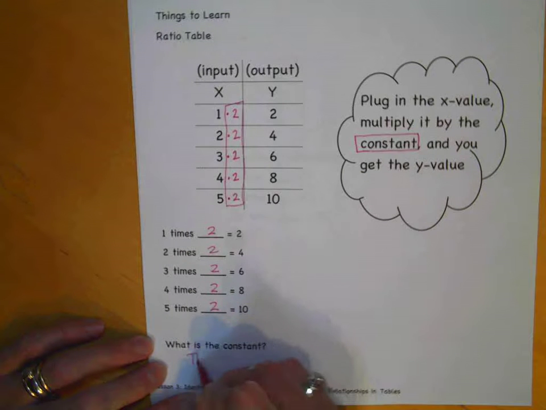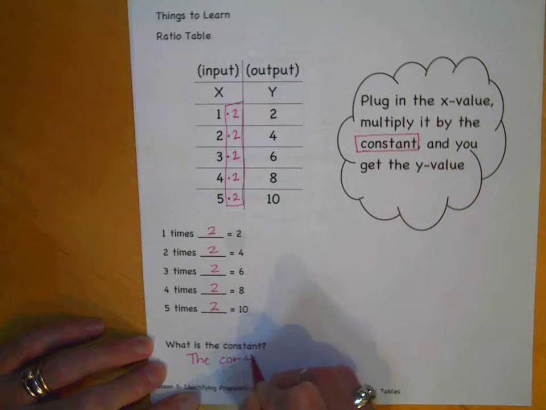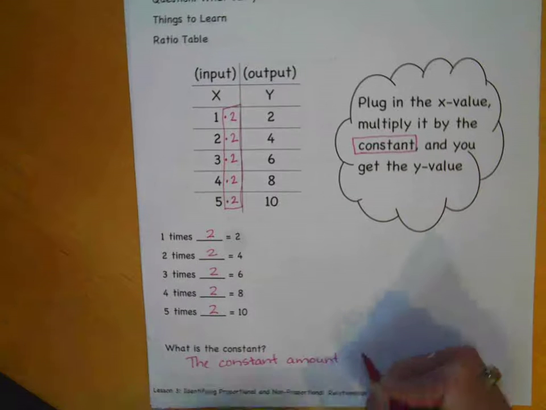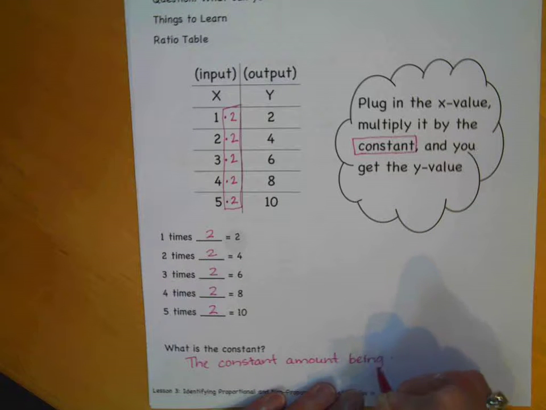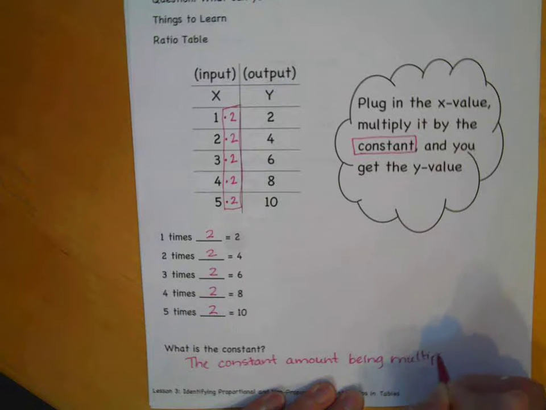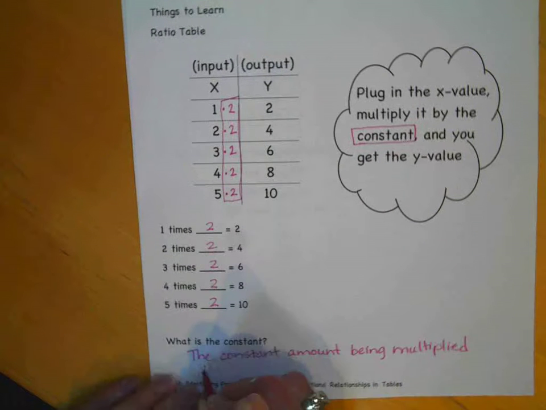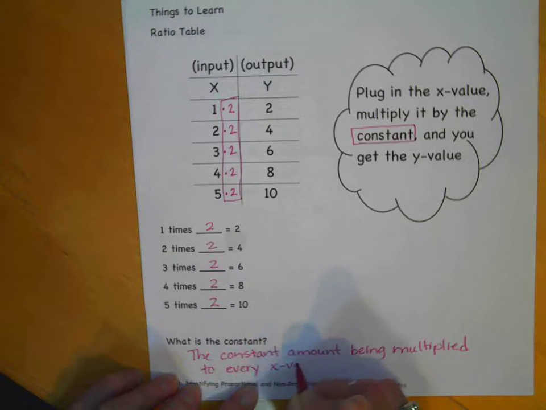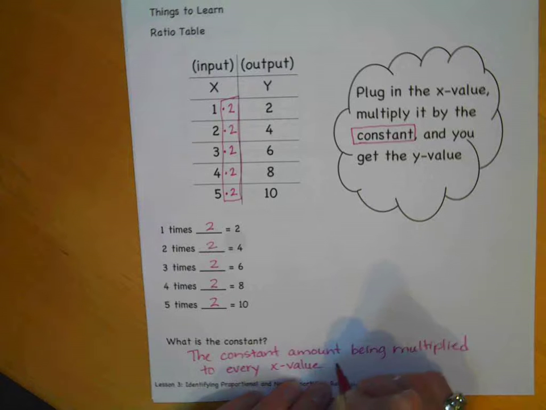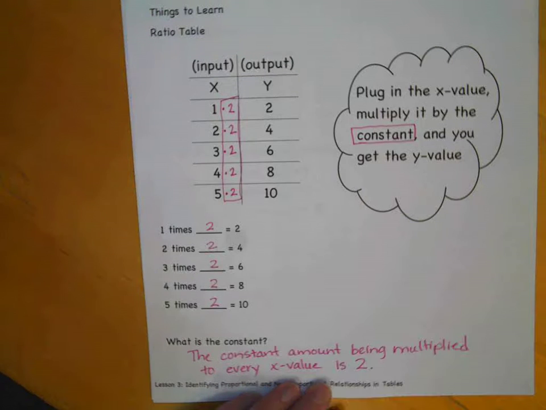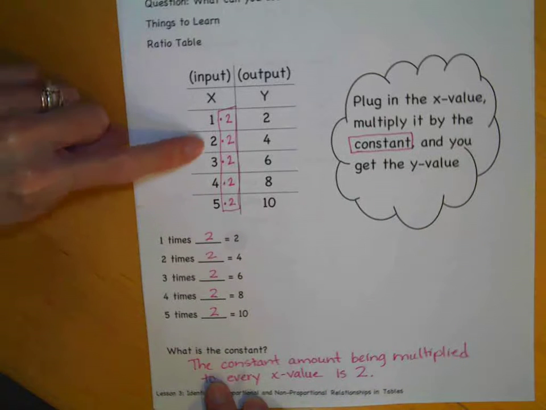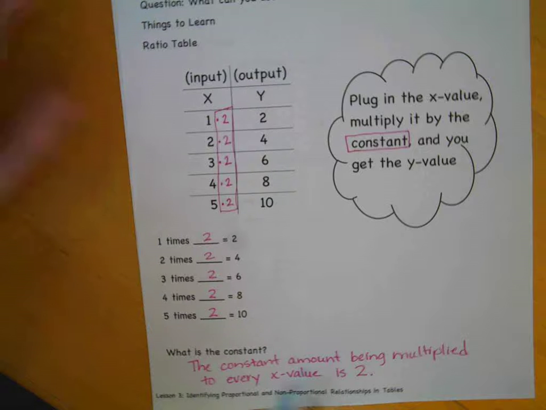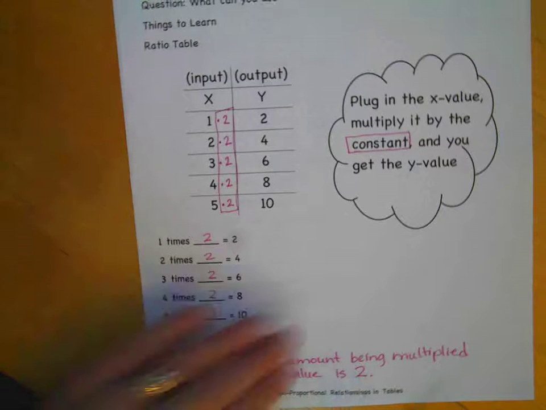The constant amount being multiplied to every X value is 2. So every X value listed on the X side has been multiplied by 2. The constant value being multiplied is 2.